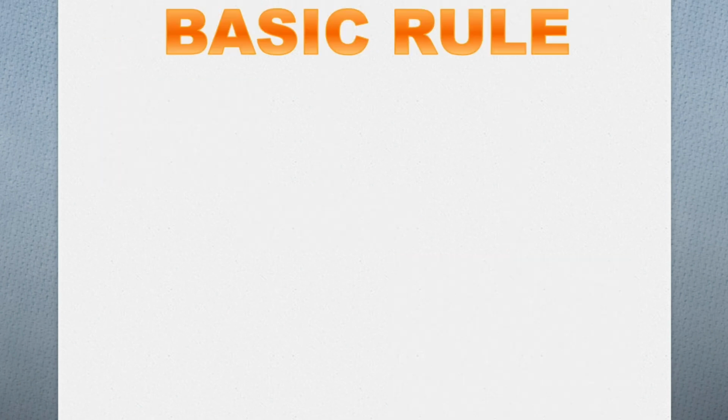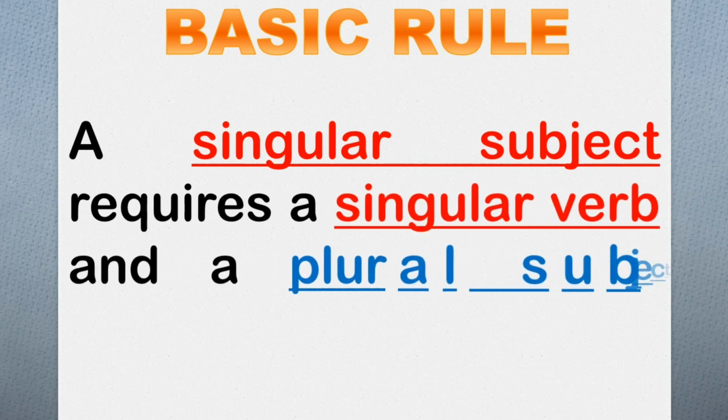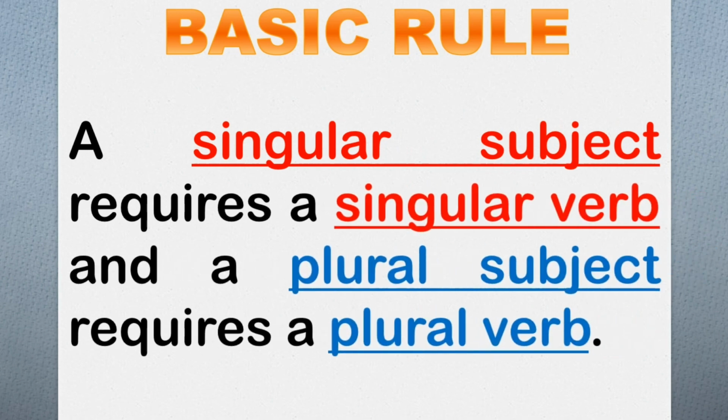There are many rules if we are talking about subject-verb agreement. But today, we're going to focus on the basic rule. And the basic rule for subject-verb agreement is a singular subject requires a singular verb, and a plural subject requires a plural verb.